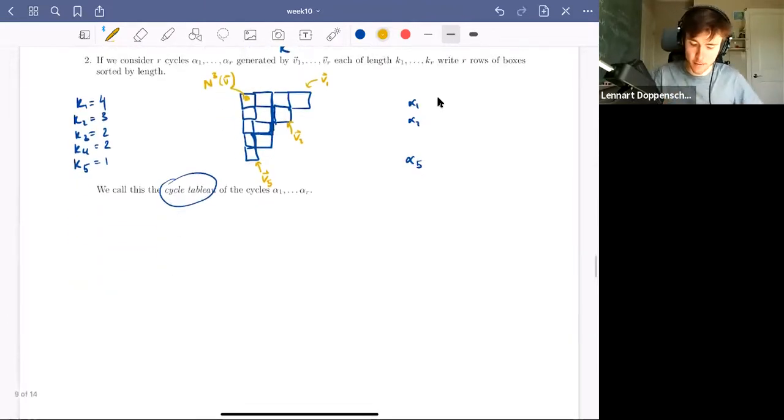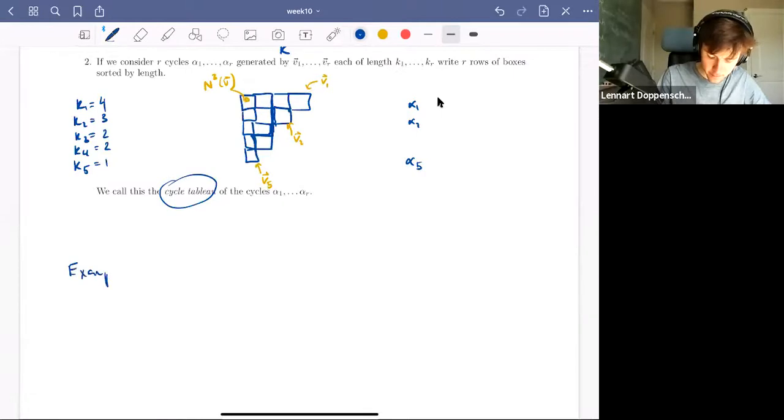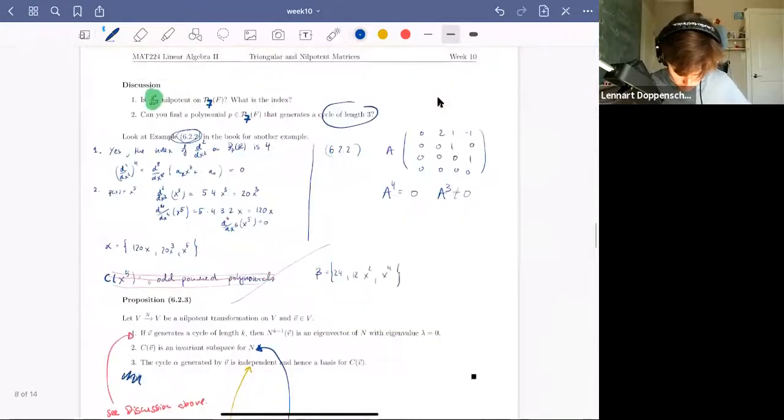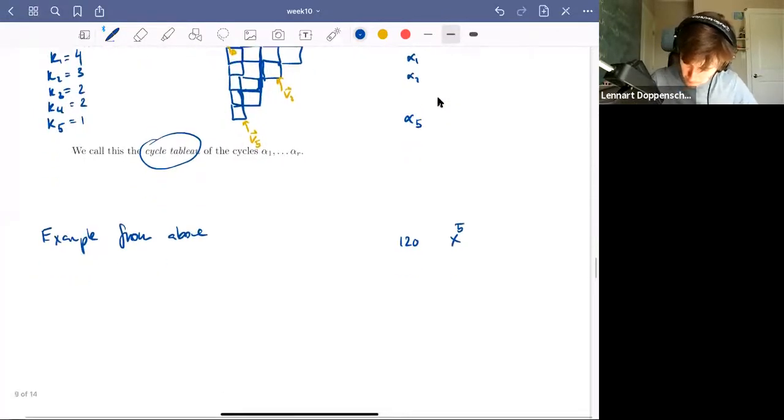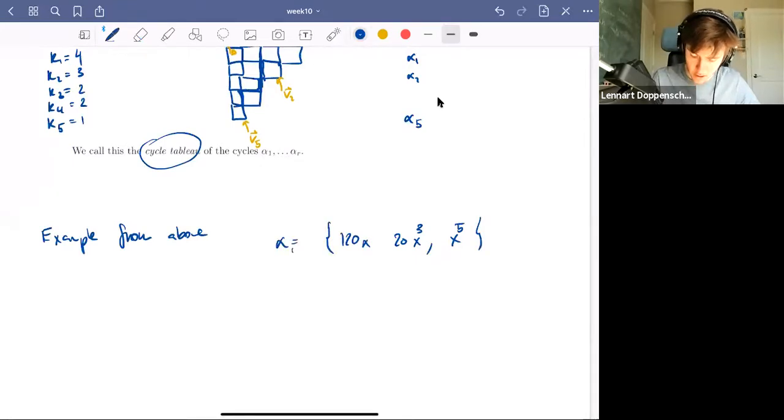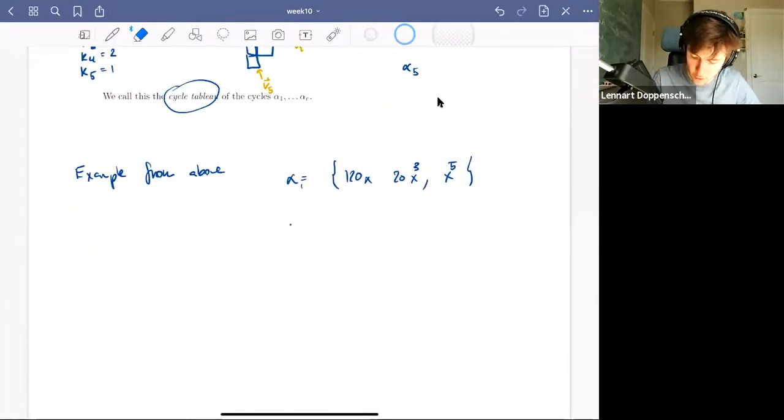For example, we could have represented from above the cycles x to the 5, what was it, 20x cubed, 120x, alpha 1, and alpha 2, which could have been the cycle x to the 4, 12x squared, and 24.